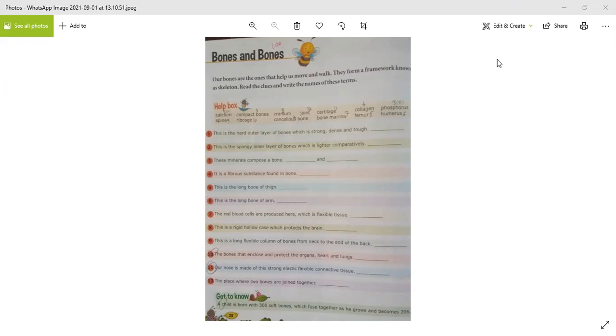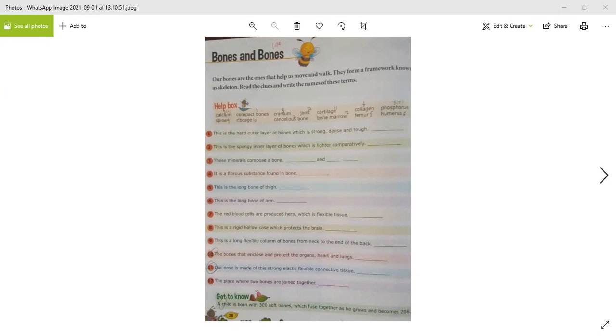So we have this chapter, bones. That is chapter number 20. See our bones. There are 206 bones in our body. And when we take birth, it means in the body of a child, there are near about 300 bones. But with the passage of time, these bones fuse, they break, they join and add.